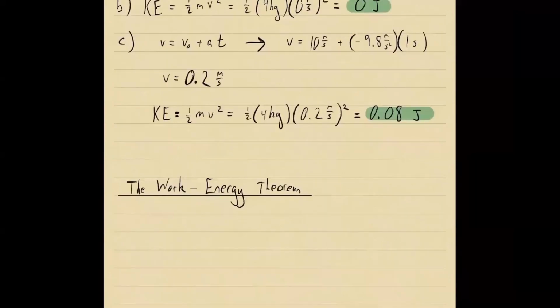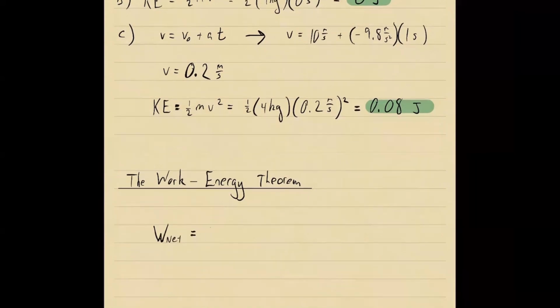The work energy theorem says that the net work done on an object is equal to the change in that object's kinetic energy, which is its final kinetic energy minus its initial kinetic energy.